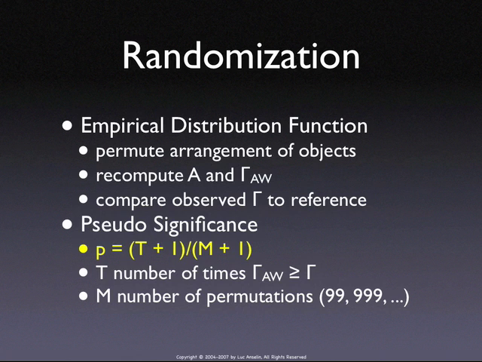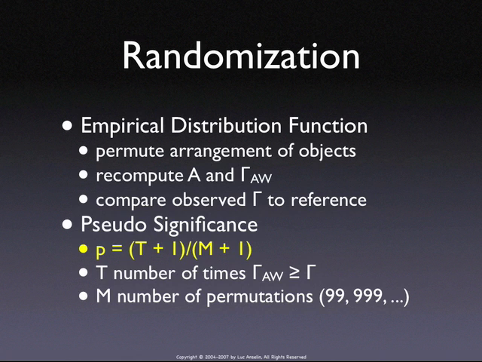Now the second aspect is that you shouldn't get fooled by the numbers, because when you do 99 permutations, what is the most significant situation you can get? So m is 99. The most extreme case is that t is what? 0.